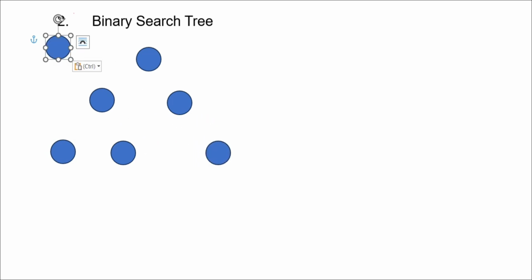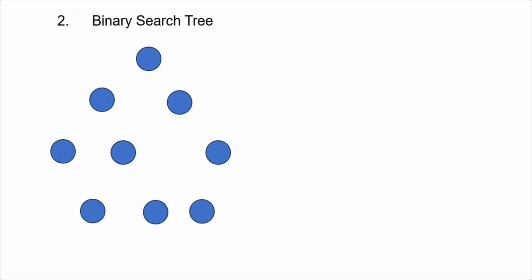The left subtree of a node contains only nodes with values less than the node's value, so I take 3 as the left subtree. The right subtree of a node contains only nodes with values greater than the node's value, so I take 10 as the right subtree.